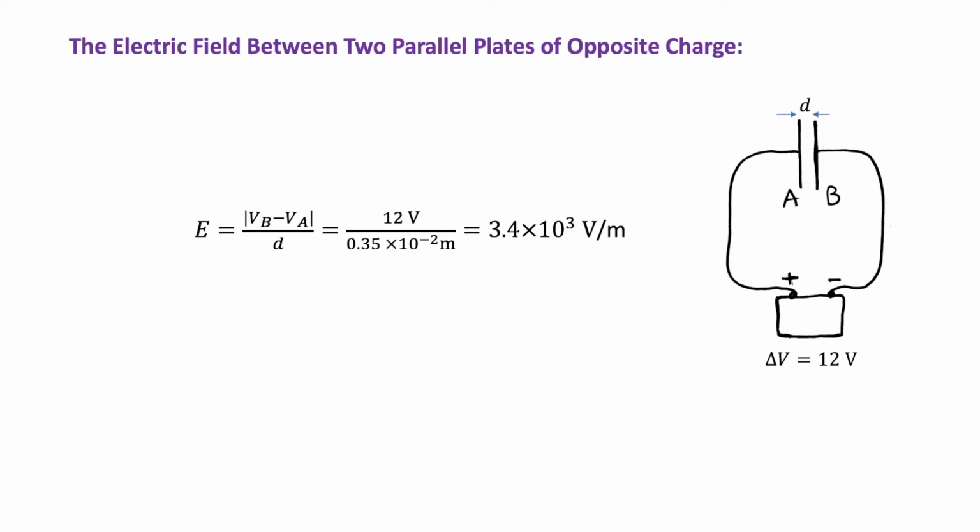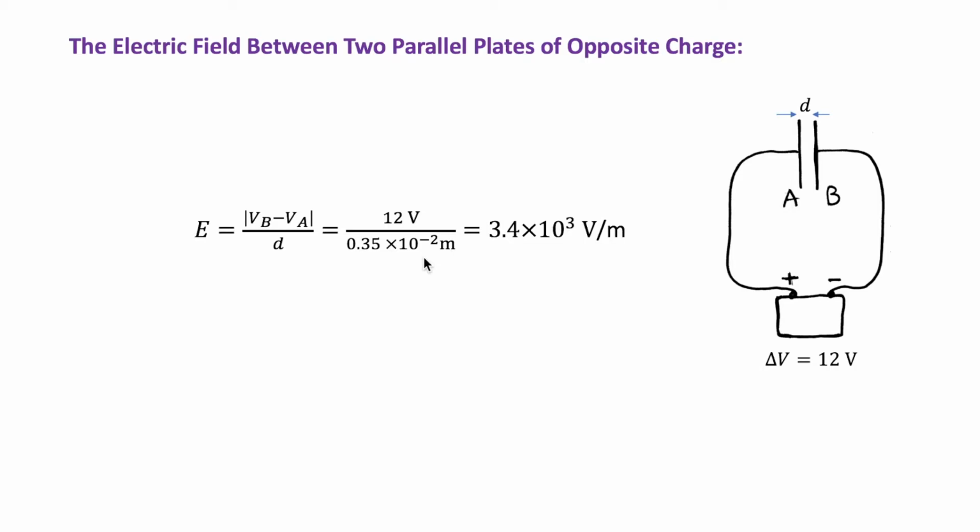So as an example, let's consider the electric field between two parallel plates of opposite charge. Suppose a battery has a potential difference of 12 volts, and suppose that the separation between the plates d is equal to 0.35 centimeters, okay?